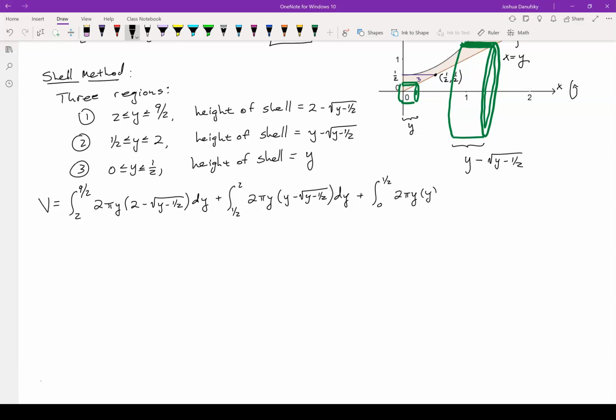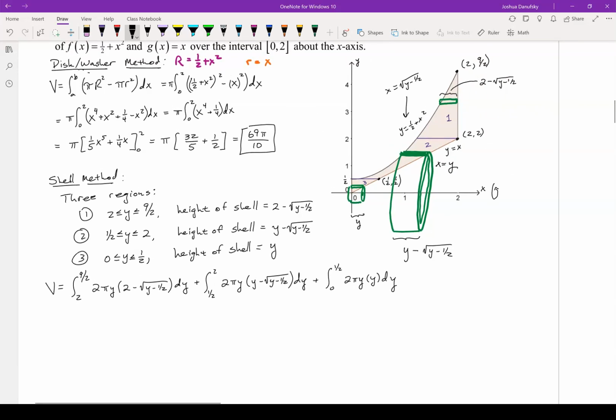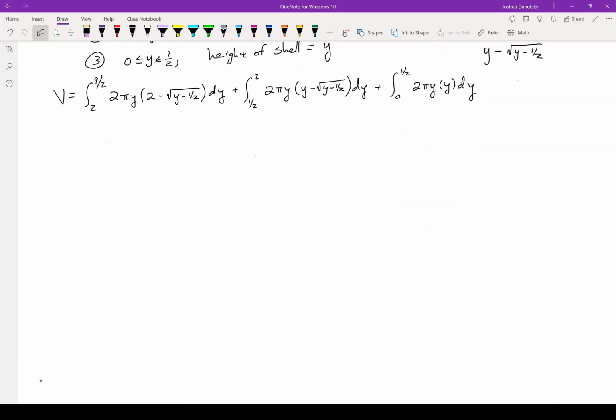The height of the shell is y, thickness dy. So there we've set up our three integrals using the shell method that will give us the volume of revolution of the region given in this problem. To simplify this integration, we can factor out a 2 pi out of every single integral.